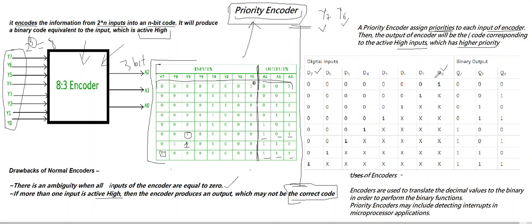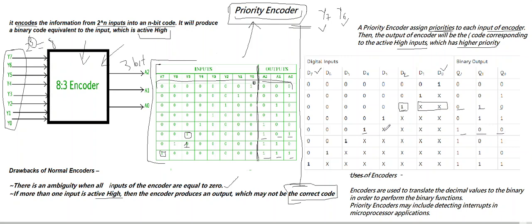If D2 is high, and I do not care what D1 and D0 are, whether 0 or 1, my output will correspond to D2, so the output will be 0, 1, 0. Similarly, if D4 is high, I do not care whether D3, D2, D1 and D0 are 1 or 0. The output corresponding to D4 will be 1, 0, 0.